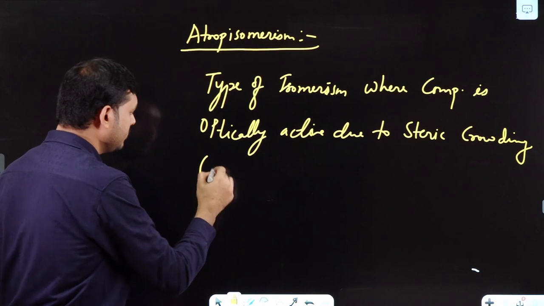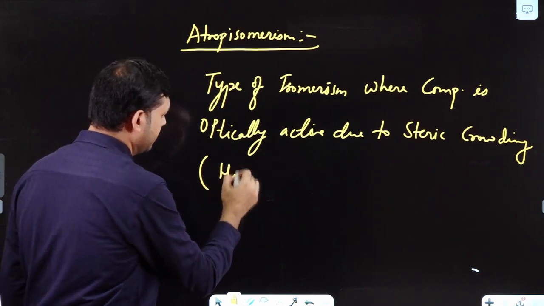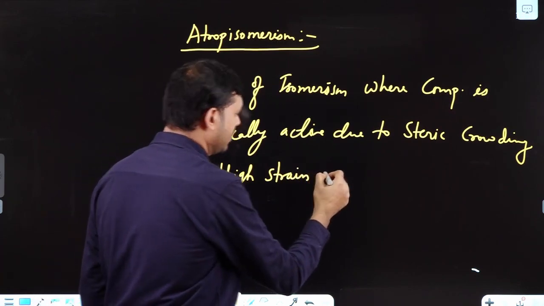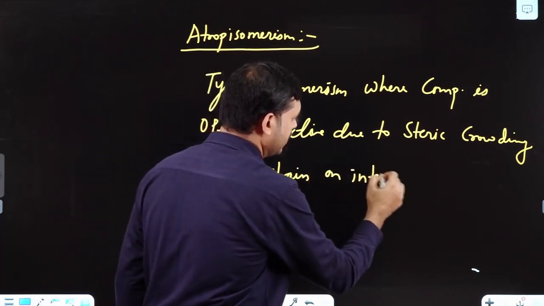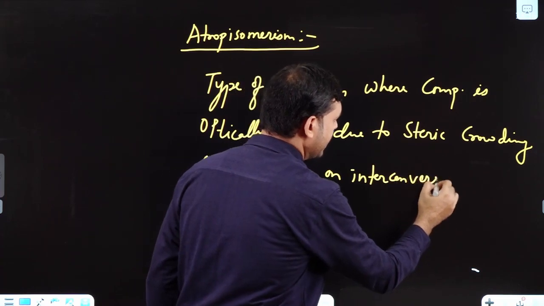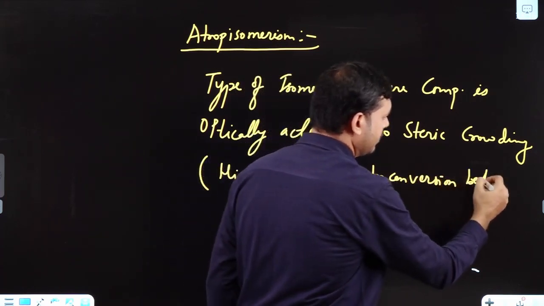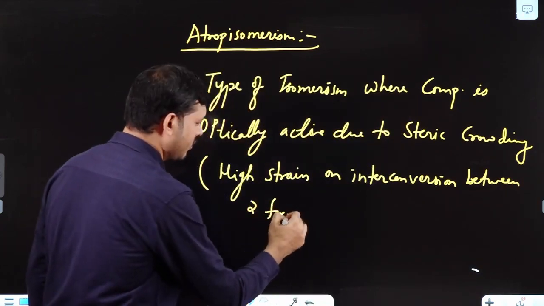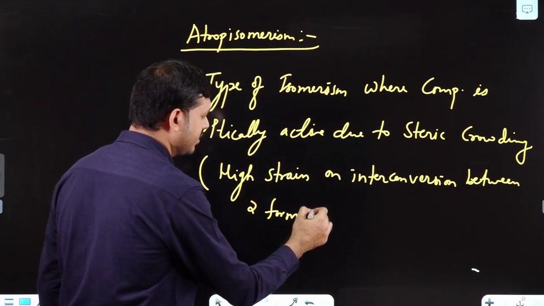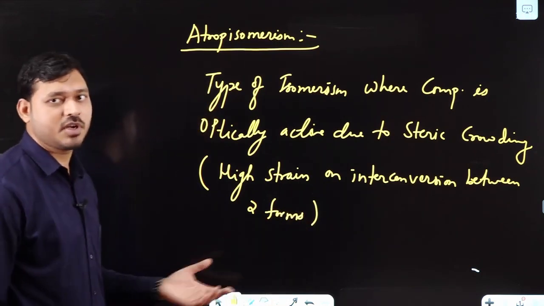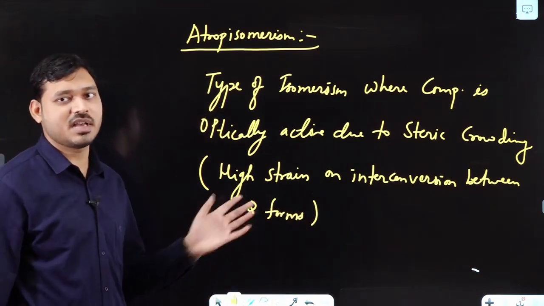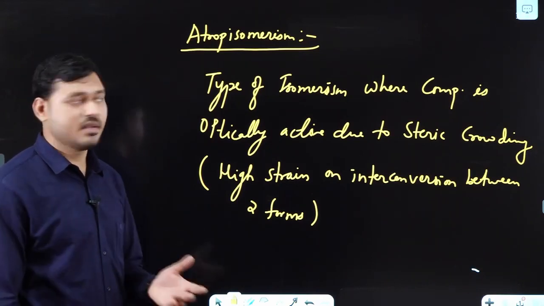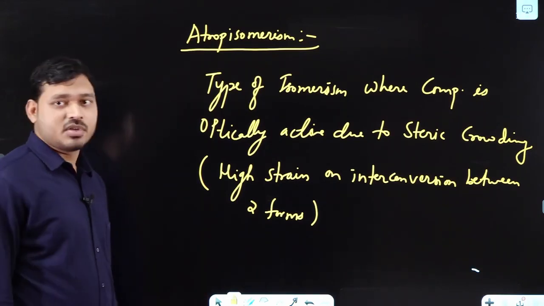Okay, high strain on interconversion between two forms. Okay, although there is a sigma bond, you cannot rotate it because it is having huge strain. Okay, rotational barrier is high. So that is your atropisomerism.